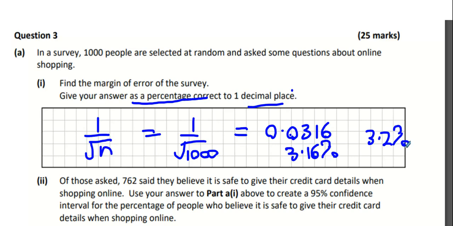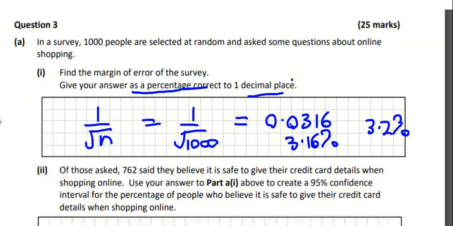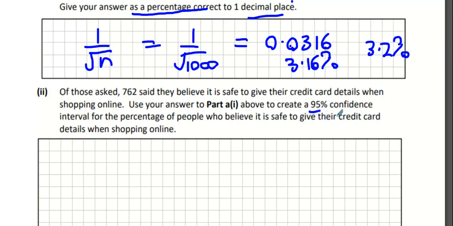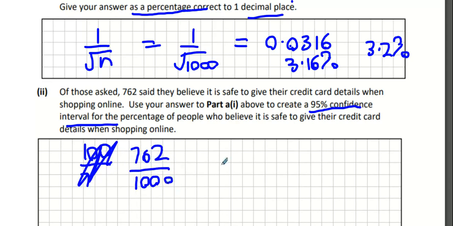Now, what we're going to do next is use this 3.2% in part two. We're going to make the 95% confidence interval. Okay, so out of the 1,000 people we asked, 762 out of 1,000 people said it was safe to give their credit cards.